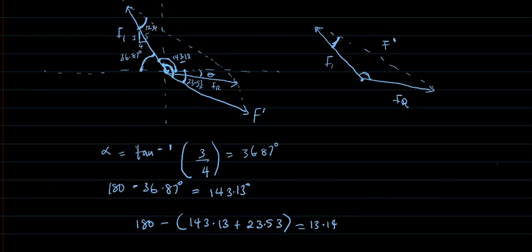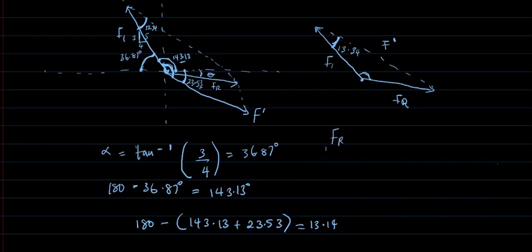You can actually go online now and just check supplementary angles in a parallelogram, or angles adjacent to each other in a parallelogram, how they work. So at this point we have 13.34.